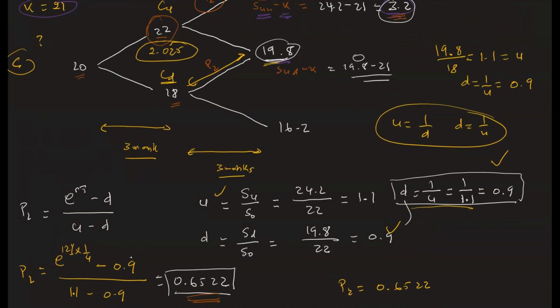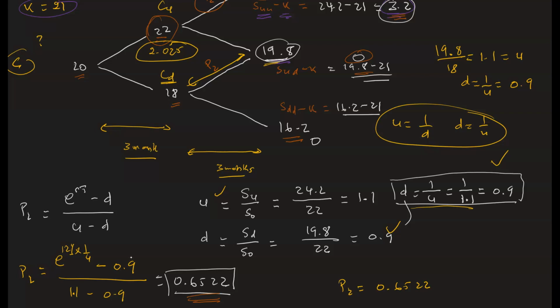Call down up. What is the call down up? We found that the call down up here for us was equal to 0, which means that call down down is going to be equal to what? It's going to be equal to stock down down minus strike, and that's going to be equal to 16.2 minus 21. So that's going to be negative, which means this is also going to be equal to 0.